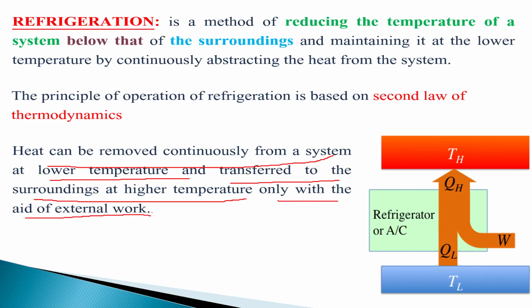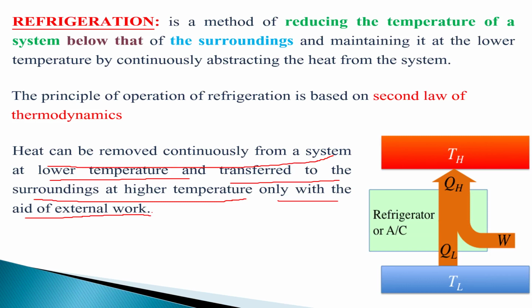That means unless there is external work done, it is impossible to transfer heat from a low temperature space to a higher temperature space, or otherwise it is impossible to exchange heat with only one reservoir. There should be two reservoirs, a source and a sink, in order to pump the heat from a lower temperature zone to a higher temperature zone.